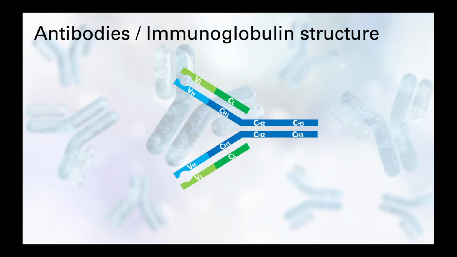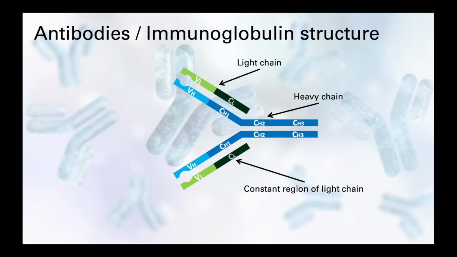In this schematic, you can clearly see the Y-shaped structure, and that structure is made up of two identical light chains and two identical heavy chains. Both the light and heavy chain have constant regions, with one constant region shown here on the light chain, labelled CL, and in this example, three constant domains in the heavy chain, labelled CH1, CH2, and CH3.